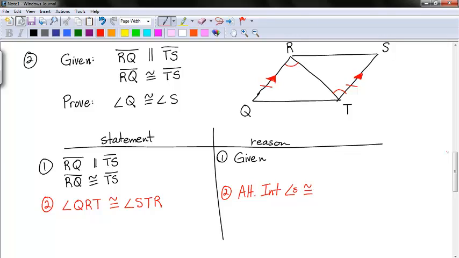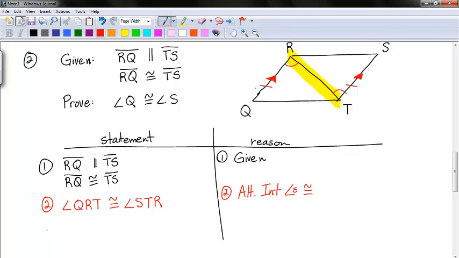Now we've got a side and we've got an angle, and all we've got is side, side, side, or side, angle, side. Where's the other side? The middle. Yep. This one right here, RT equals itself, right? That'd give us side, angle, side.